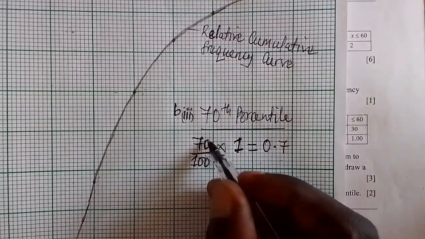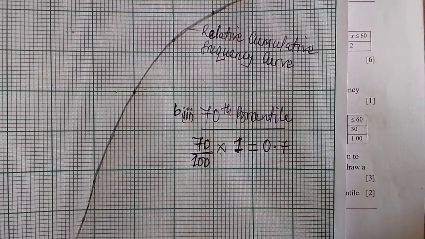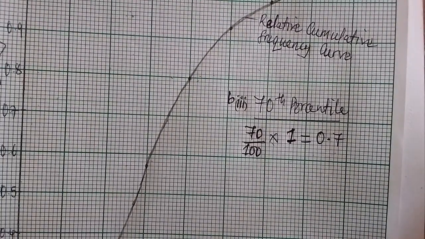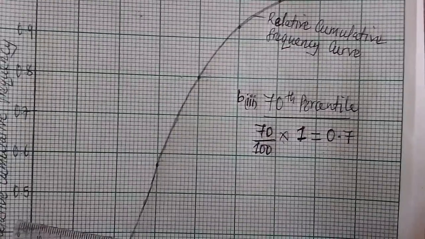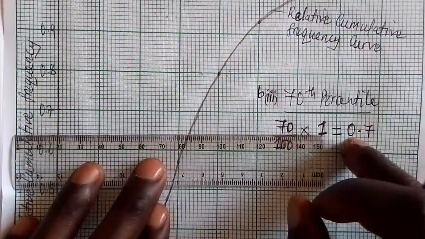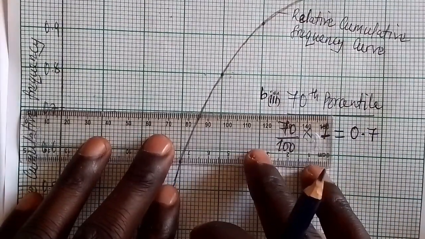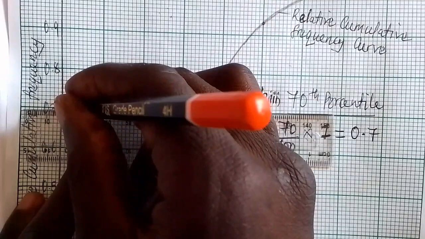So when you work out 70 divided by 100 times 1, we get 0.7. And when you get 0.7, you go to your graph and draw a horizontal line on the value 0.7. So this is done like this.